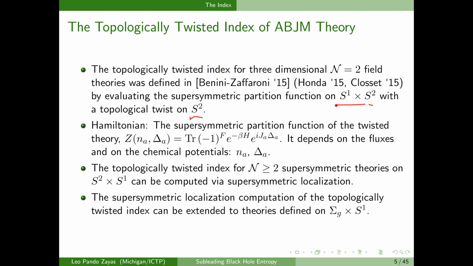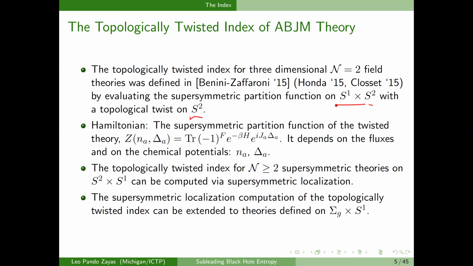A Hamiltonian way to think about it is really like a version of a Witten index with some particular chemical potentials, all right? And again, the charges enter through some relationship with the Hamiltonian, but okay, that's a little bit more technical. So this index can be computed using supersymmetric localization.